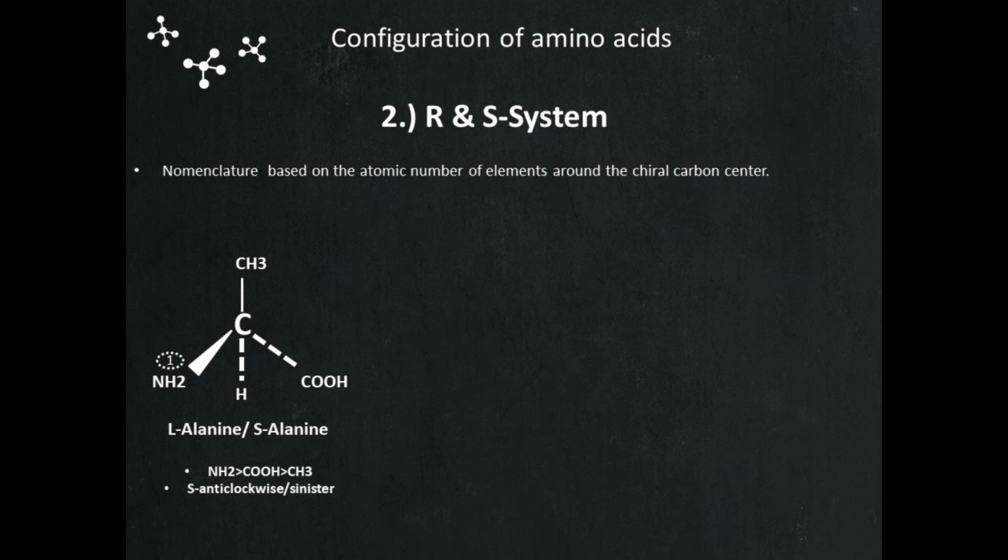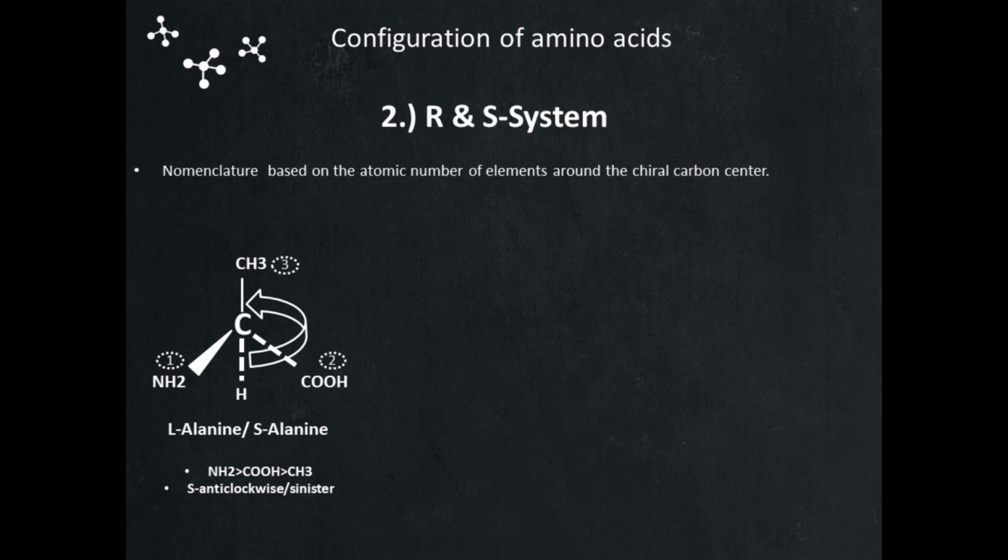So in cases where you encounter the same atom attached to the central carbon, we have to look for the second and subsequent atoms. So in the case of L-alanine, the second number will be assigned to the carboxyl group because the atomic number of oxygen is more compared to the atomic number of hydrogen. And finally, number 3 is assigned to the methyl group in the side chain.